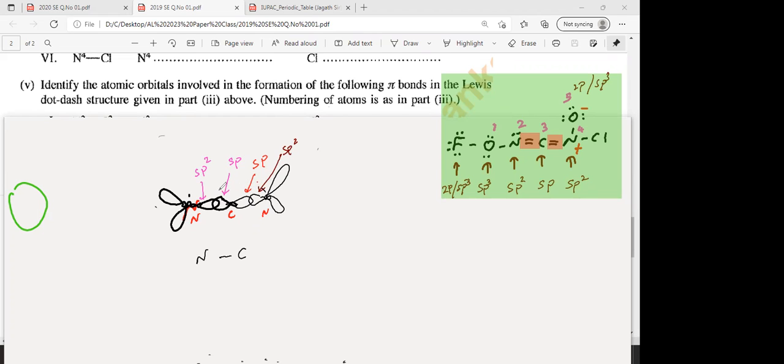sp, right? So I'll highlight this side sigma bond in green: sp2 and sp. This side sigma bond, sp and sp2.